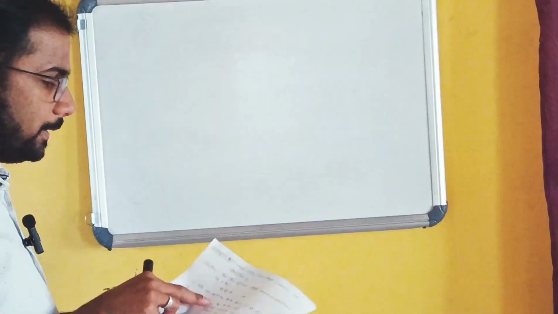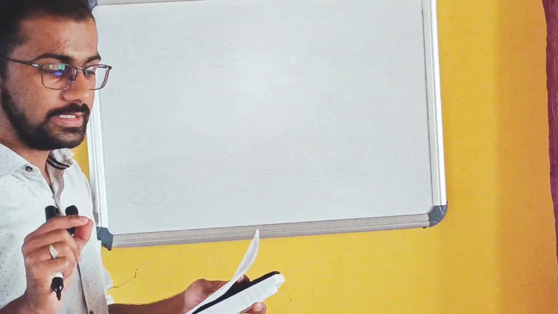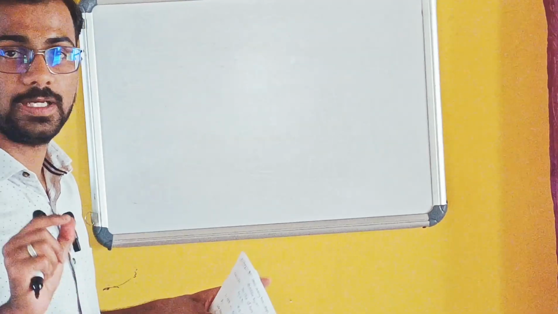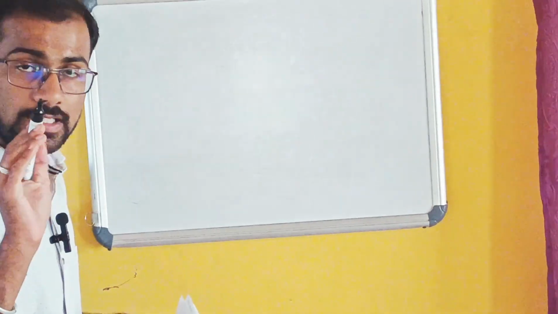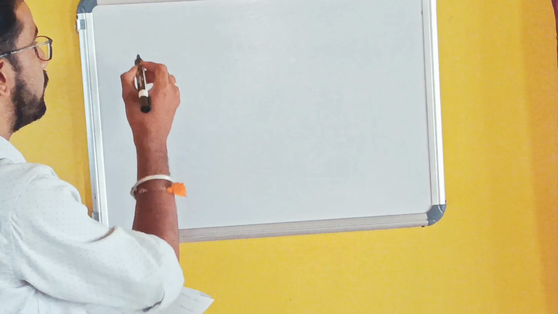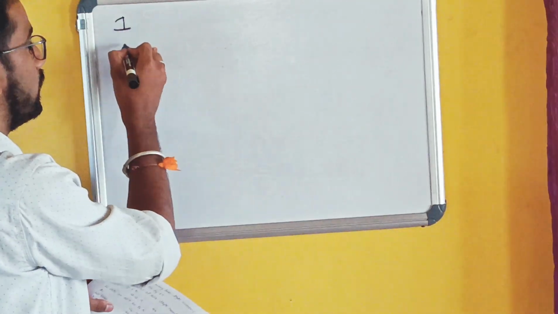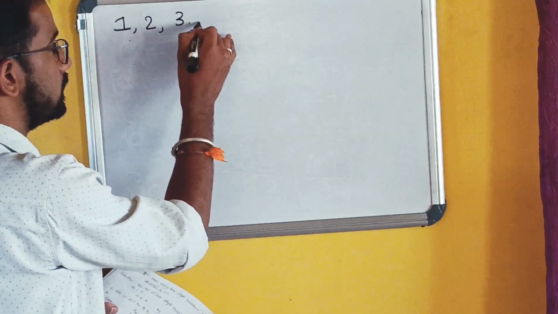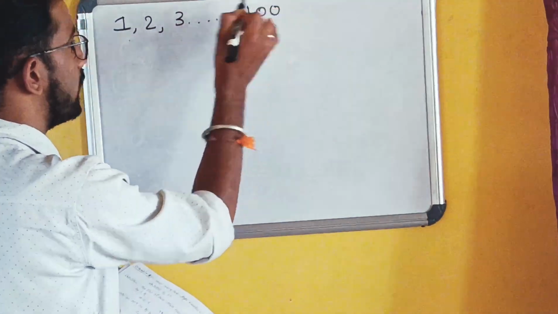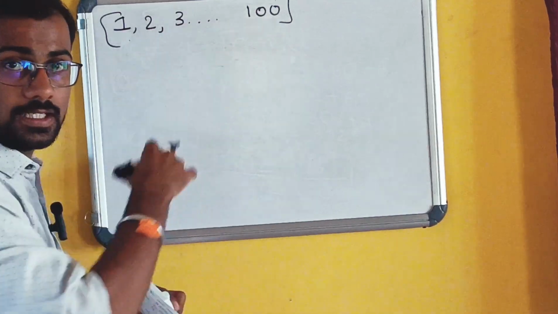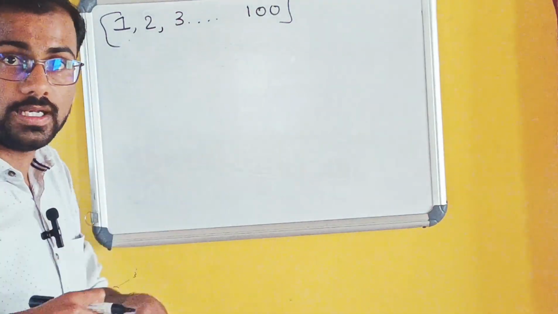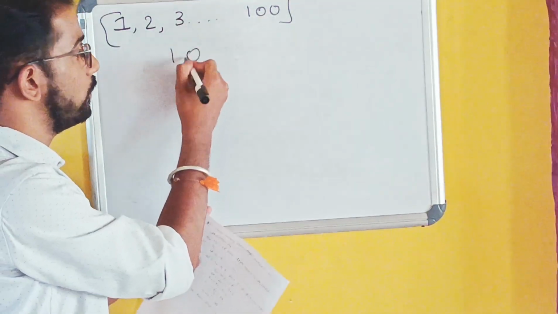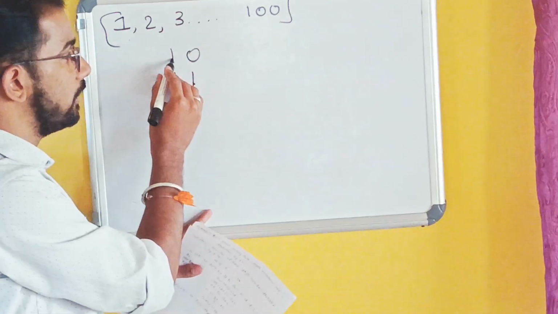The next example will be: how many two-digit numbers are divisible by 3? So if you consider from 1 to 100, in this range we need to consider only two-digit numbers.